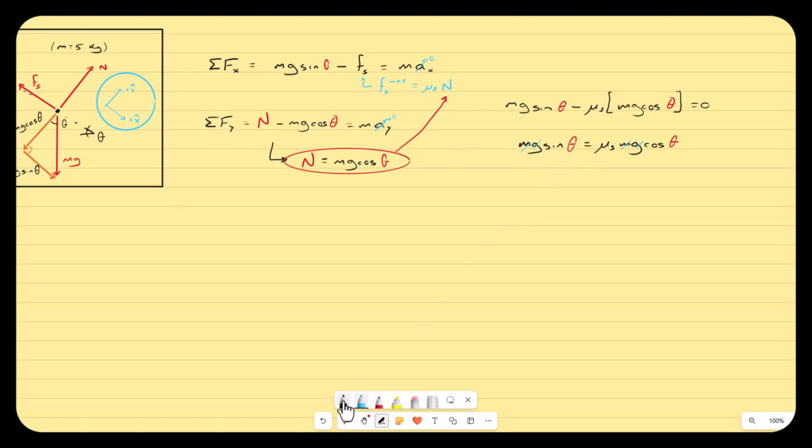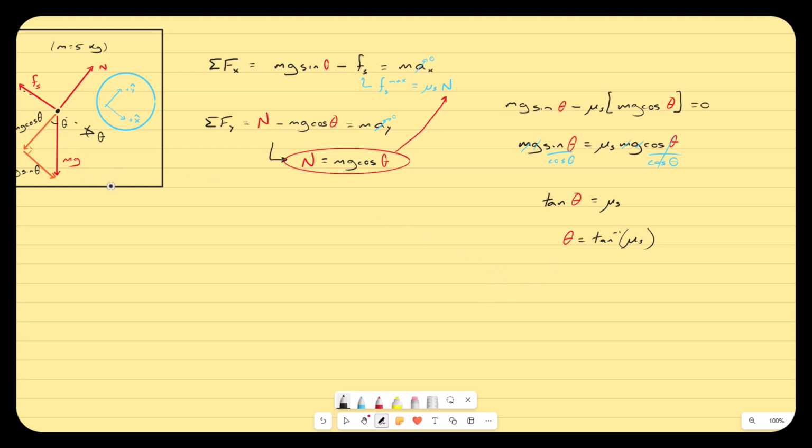Solving for theta, I'm going to divide both sides by cos theta. I have sine theta over cosine theta. Sine over cosine, that sounds a whole lot like a tangent. So tangent theta on the left equals mu static on the right. And my angle is going to be the inverse tangent of mu static.